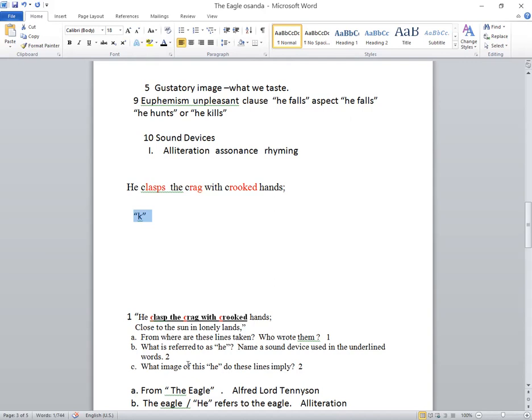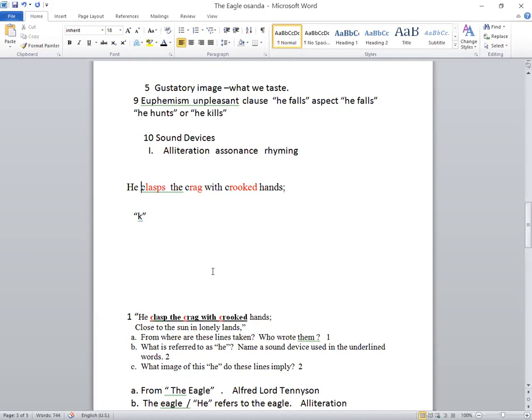What do you call this technique? Alliteration. Repeating the same consonantal sound. Alliteration means repeating the same consonantal sounds. Why? This K, this C, we call them consonants.